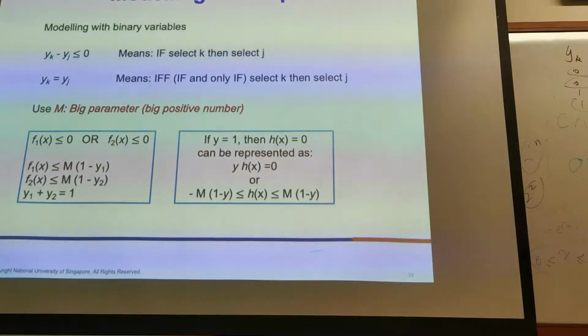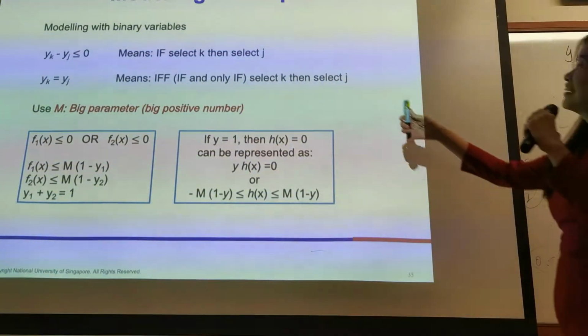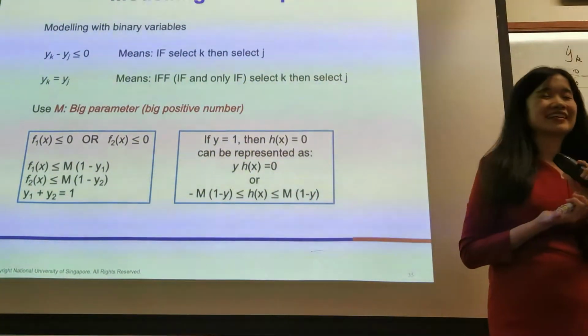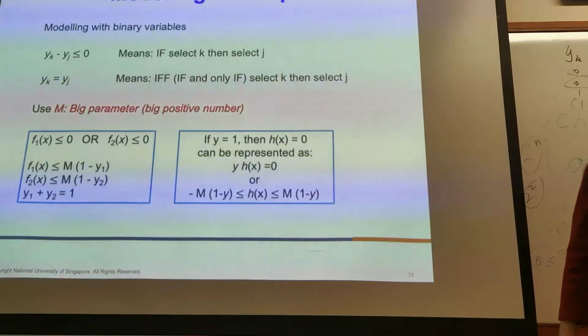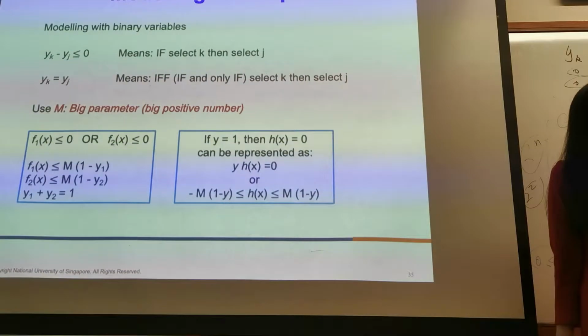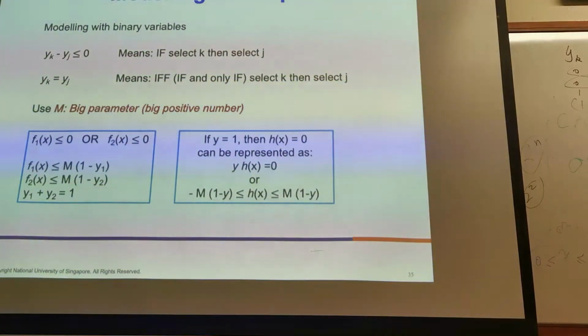But the first one, can you explain the first one for me? Is this correct? What does this mean? I even got confused, so if you could explain the first one: yk minus yj, if I want to write the decision in this way, what does this mean?